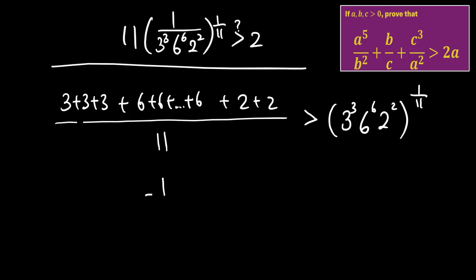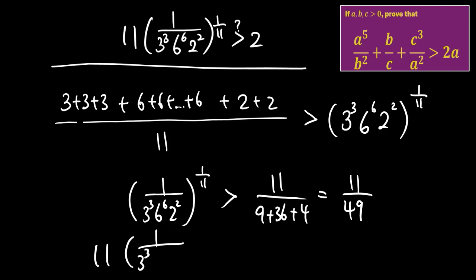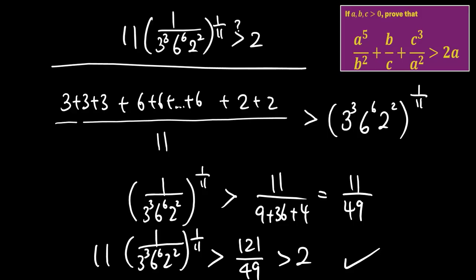This means that 1 over 3^3 6^6 2^2 to the power of 1 over 11 is greater than 11 over 9 plus 36 plus 4, which is 11 over 49. And 11 multiplied by 1 over 3^3 6^6 2^2 to the power of 1 over 11 is greater than 121 over 49.